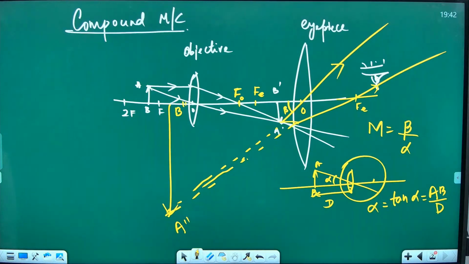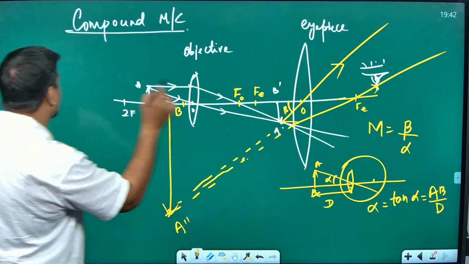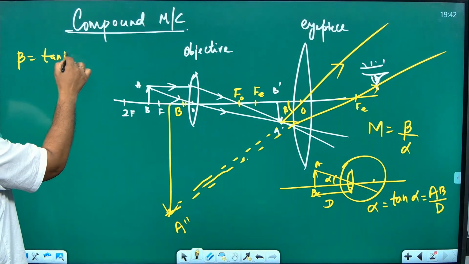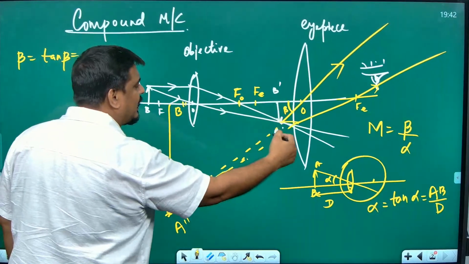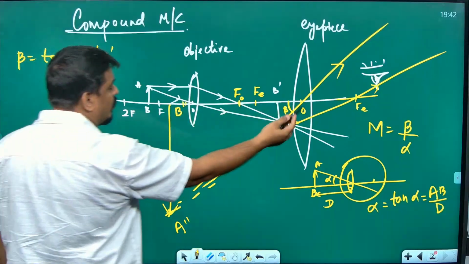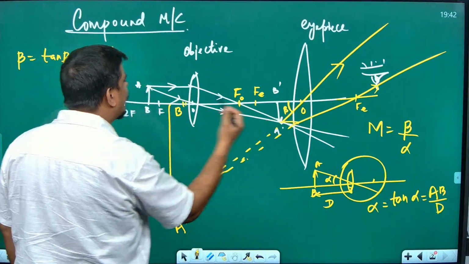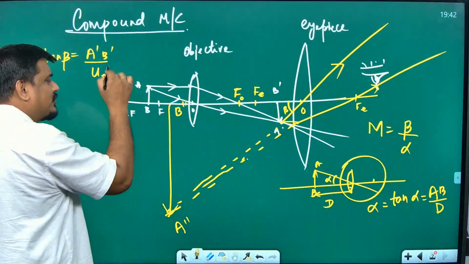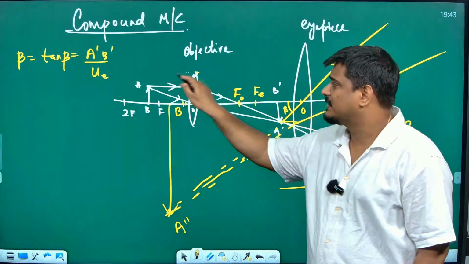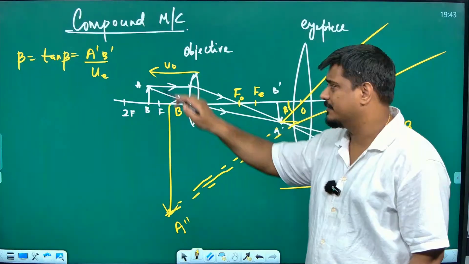Okay, coming back. Beta is something we want to worry about. So beta can be done as what? What is tan beta? Tan beta is what by what? A dash B dash by B dash O. B dash O is what? U of eyepiece. Don't you think so? This is U of objective.